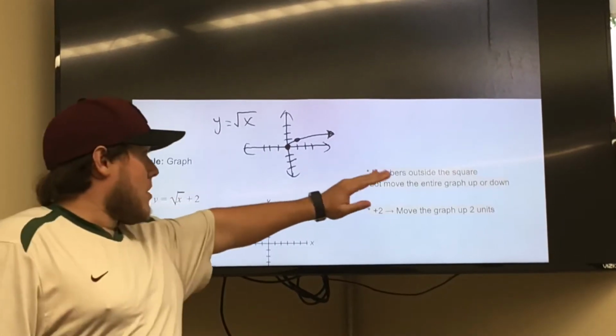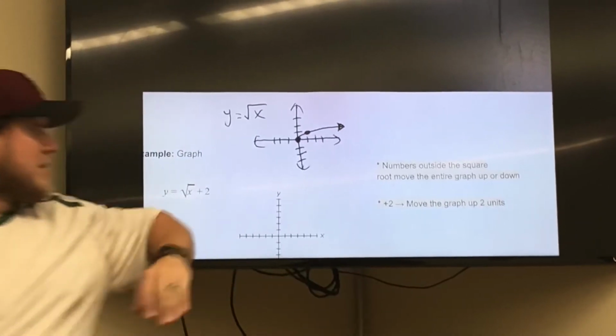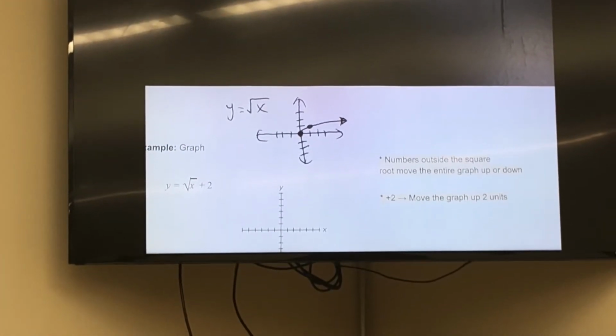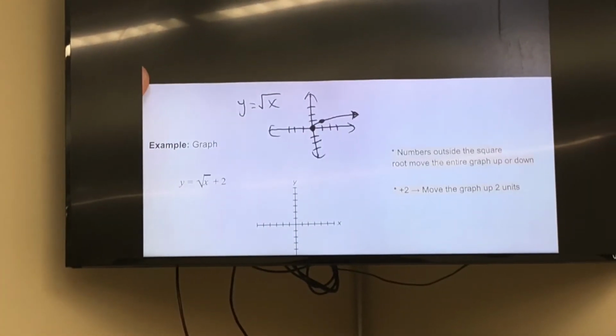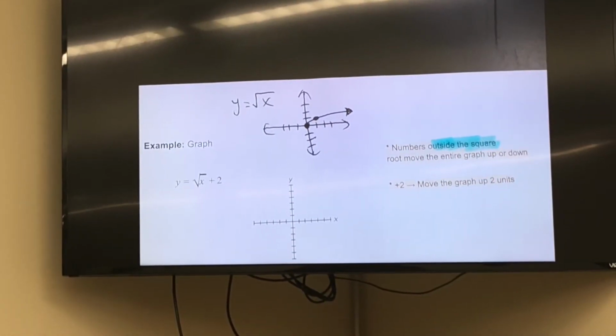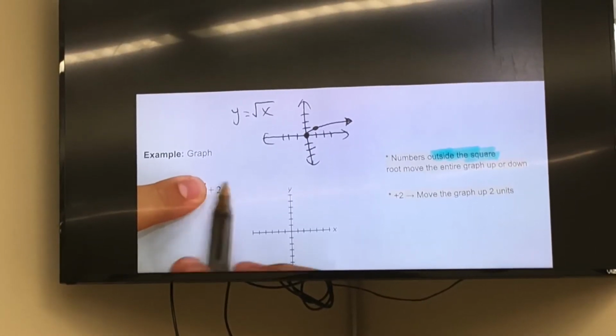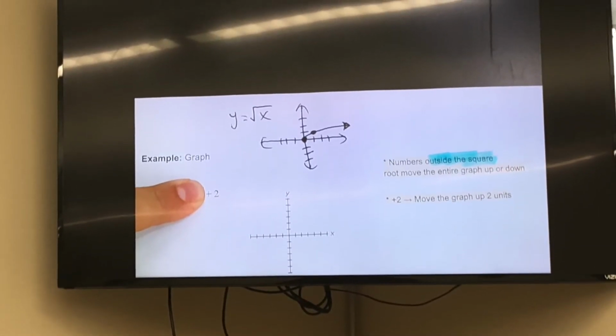Now, in our examples, numbers outside of the square root move the graph either up or down. Again, keyword folks, outside of the square root. So as you can see, the square root is right here. This is outside of the square root.